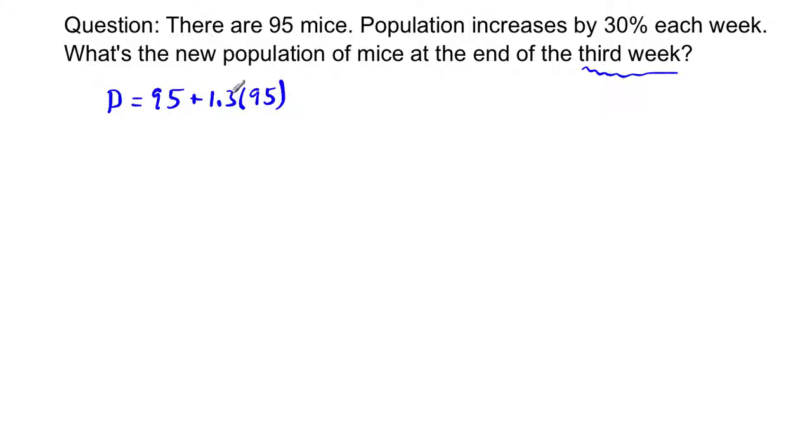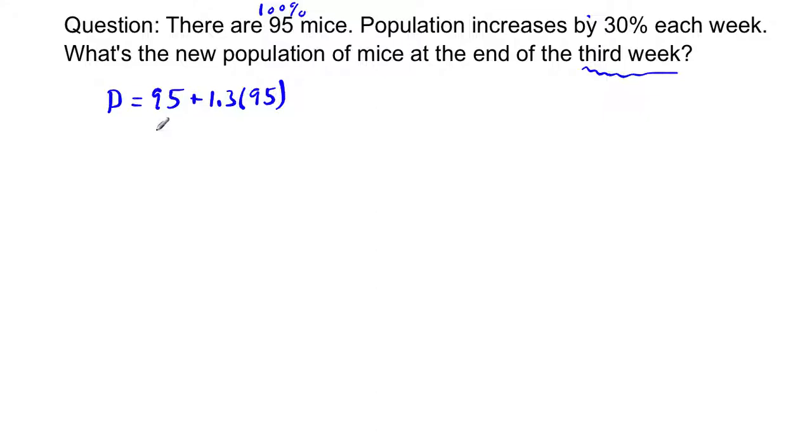Now, where do I get this 1.3 from? Well, because it's an increase of 30%. So if this were 100%, that's what we start with. We have a 30% increase. So now there are 130% of mice, and that's 1.3.